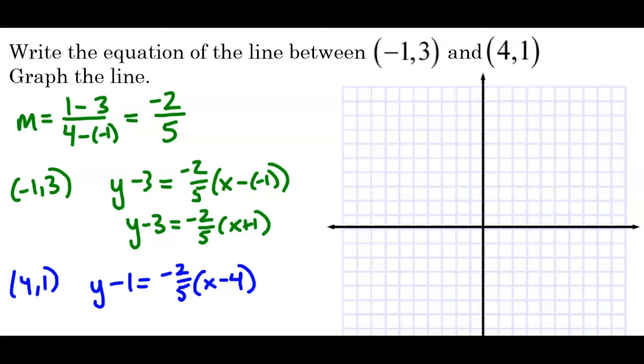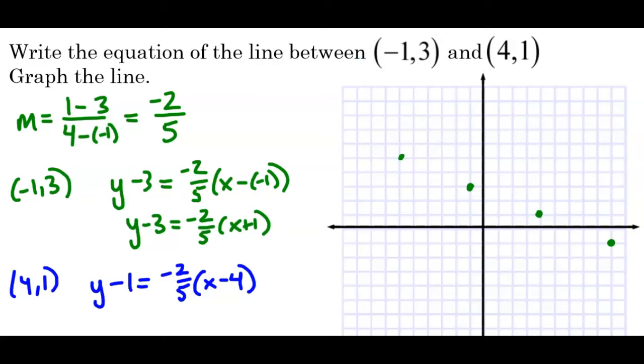So we can then graph. Let's graph using the point (-1, 3). We plot -1, positive 3, so there's our point. Once we have that initial point, we use our slope to define the rest of the points on the line. So down 2 to the right 5, down 2 to the right 5, and then going the other direction, up 2 to the left 5.